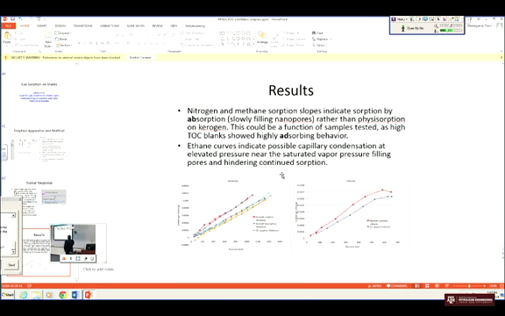Ethane is a different kettle of fish. What you can see is that we have curves that probably indicate capillary condensation. If you look at the shape of the curve, it begins to look like the typical Langmuir adsorption. However, not exactly. What we see quite often is this kind of curvature over here.